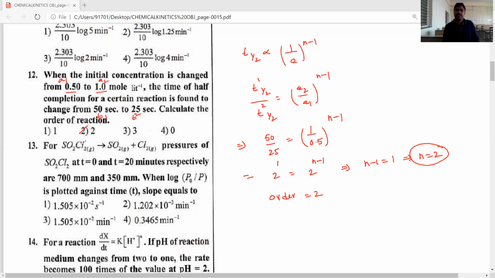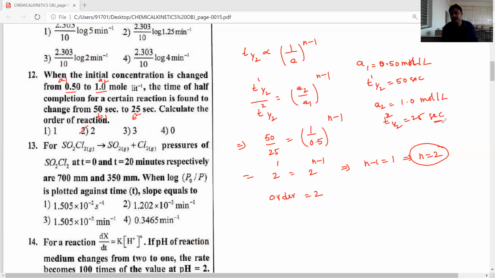Whenever the initial concentrations are changed, they give the half-life periods for the different initial concentrations. A1 is equal to 0.5 mole per liter, and its half-life period is 50 seconds, and A2 is equal to 1.0 mole per liter, its half-life period is 25 seconds.